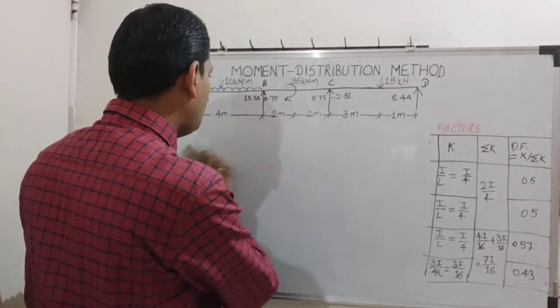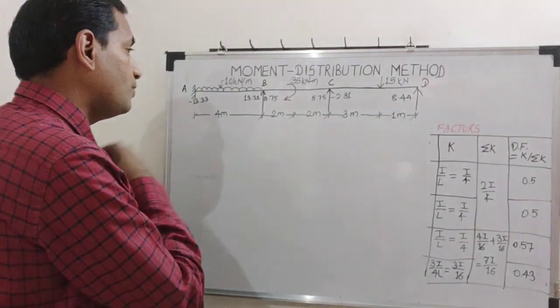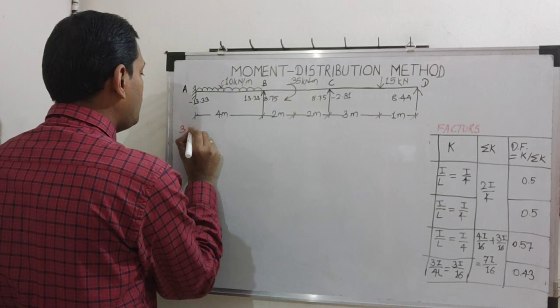I will just first of all draw the table. So the title for step 3 is the moment distribution table.